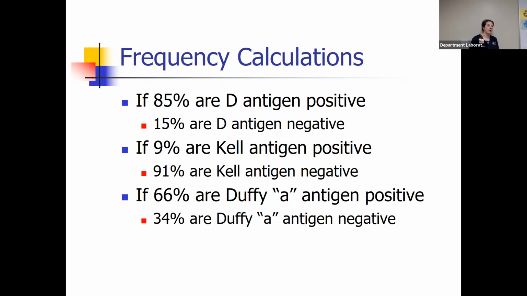So when we're looking for compatible units for a patient that has anti-D, we are only able to look at 15% of the population. 9% of the donors are Kel positive, so then we actually have 91% of the population that's Kel negative. 66% are Duffy A positive, so then only 34% of the population would be compatible for a patient that has anti-Duffy A. Everybody see how that makes sense? When you have an antibody, we're looking at the population that is antigen negative for the corresponding antigen to that antibody.